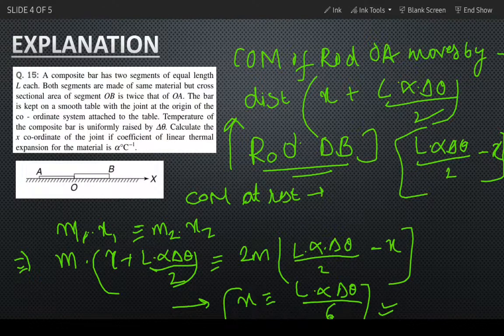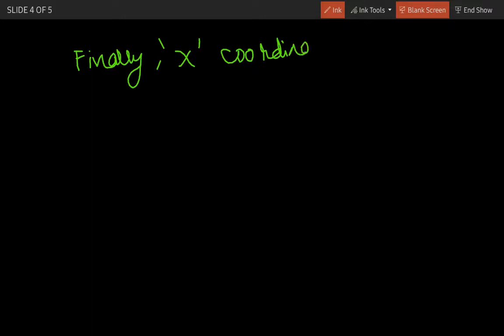So finally we can say that x coordinate of joint is minus times of x, as the red mark has moved left of the coordinate system.